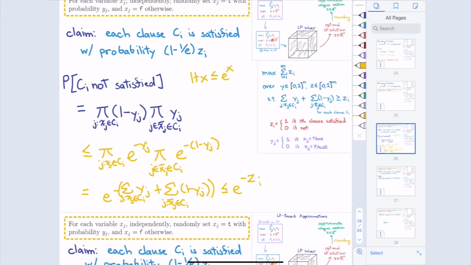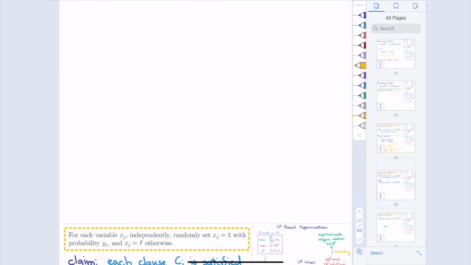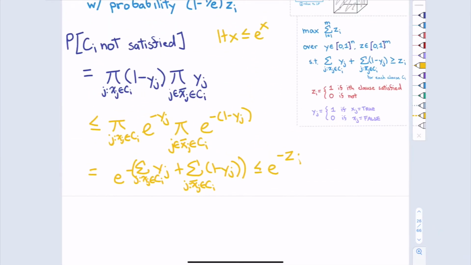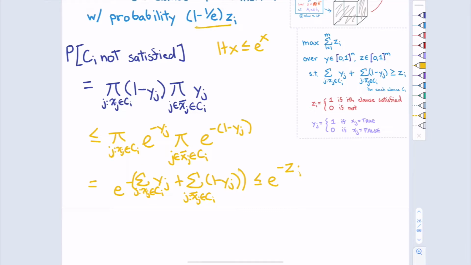All right. Okay, so this is just a little bit of math left. I want to go from e to the negative zi to 1 minus 1 over e zi. Okay. So, trying to think of a hint. Can't think of a hint.